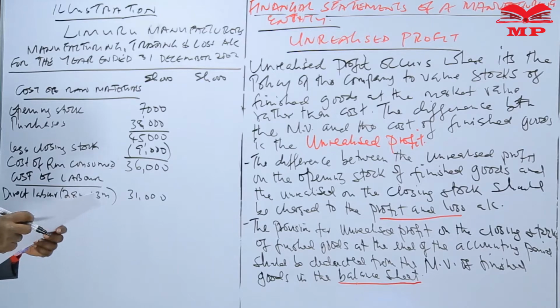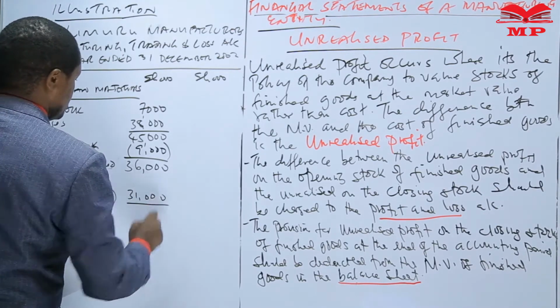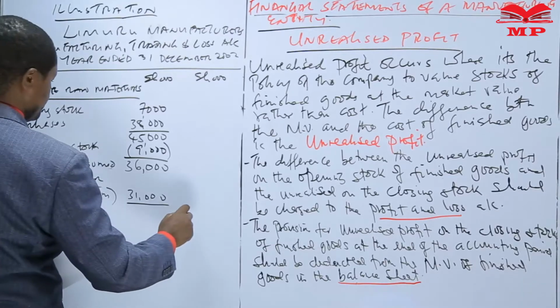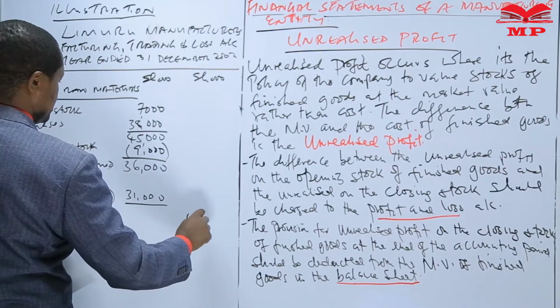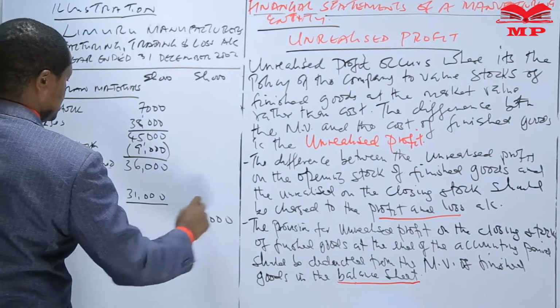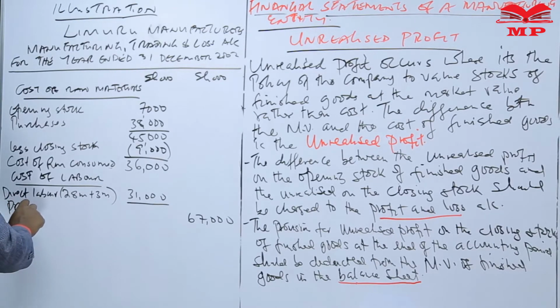Then we do not have direct expenses. So we get these two, and this will be equal to 67,000. This 67,000 is what we call the prime cost.